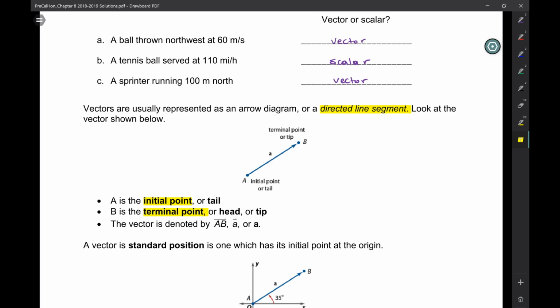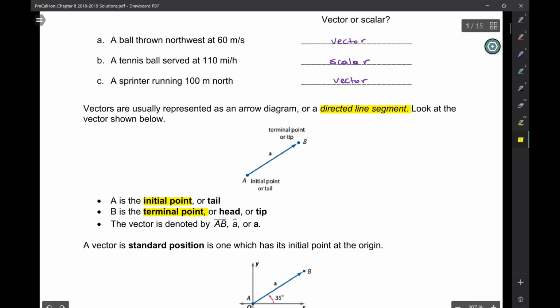Okay, so the initial point has a name with a capital letter. In this case, it's A. The terminal point is also named with a capital letter. In this case, it's B. So you have to give the vector the two points, the initial and the final, both in capital letters.